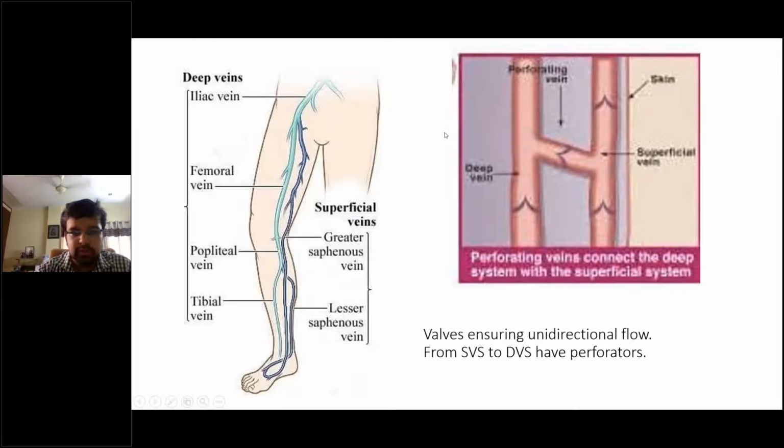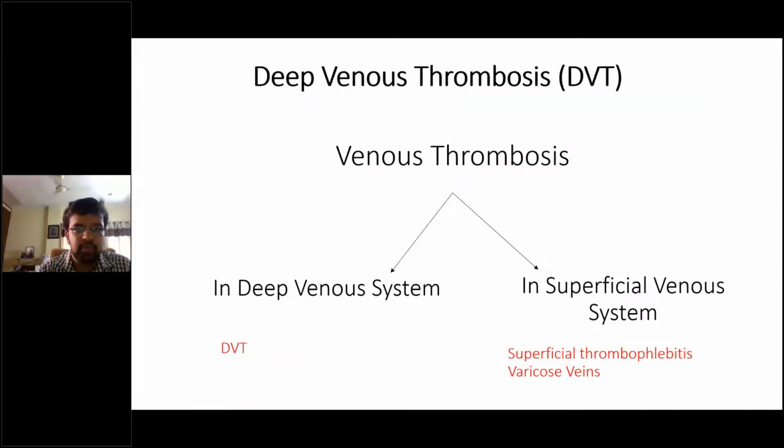Okay. So venous thrombosis arising in the deep venous system will give us deep venous thrombosis, known as DVT, while venous thrombosis arising in the superficial venous system can result in various things like superficial thrombophlebitis or varicose veins. So we will be limiting ourselves to deep venous thrombosis.